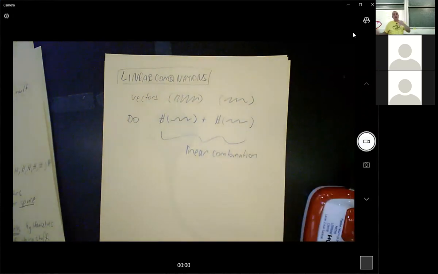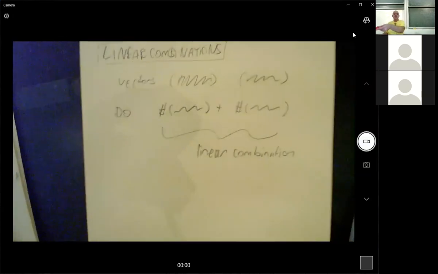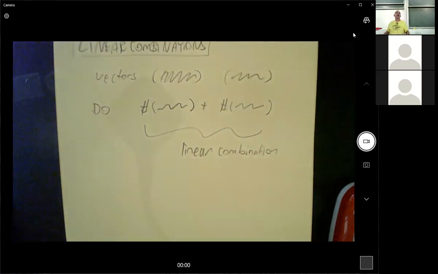I am deliberately not using letters in this spot because I don't want it to get bogged down in notation. If you ever have some number times one vector and some number times another vector, that's called doing a linear combination. And the answer is a linear combination.